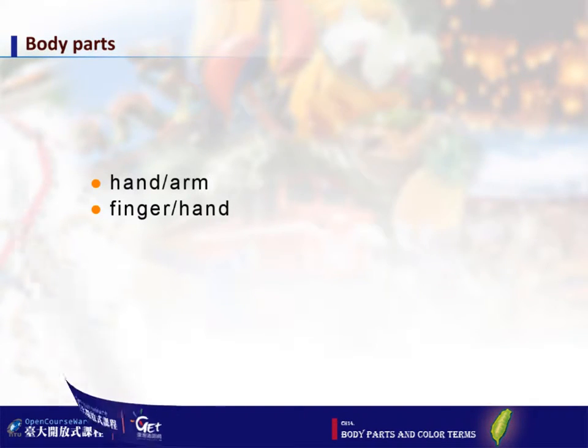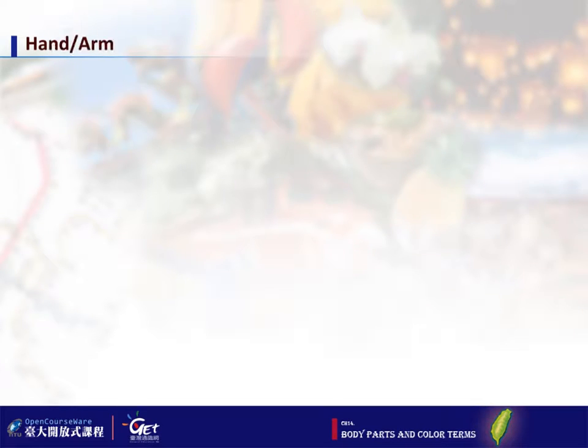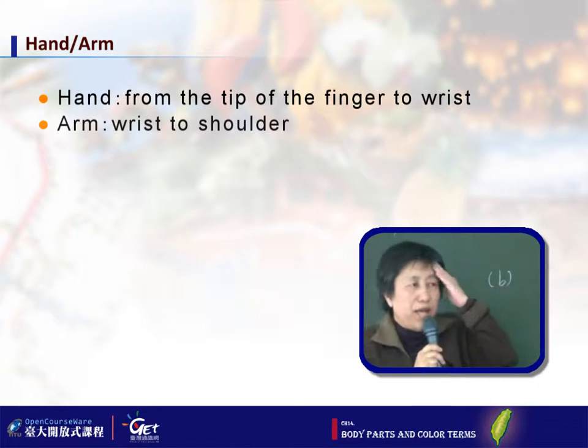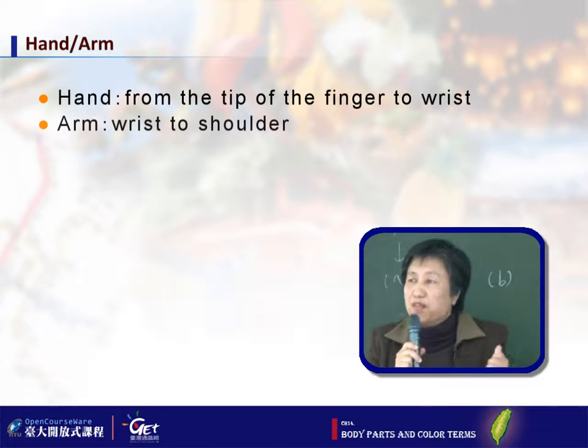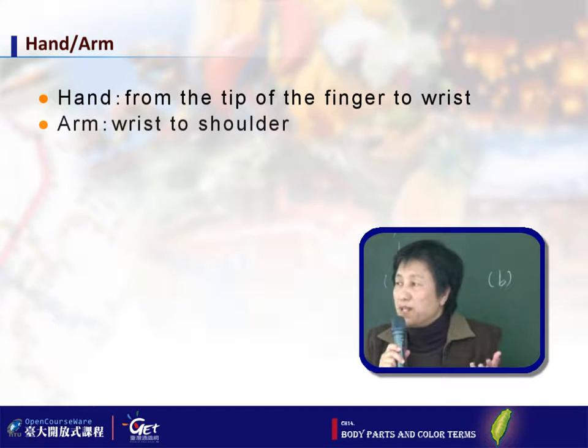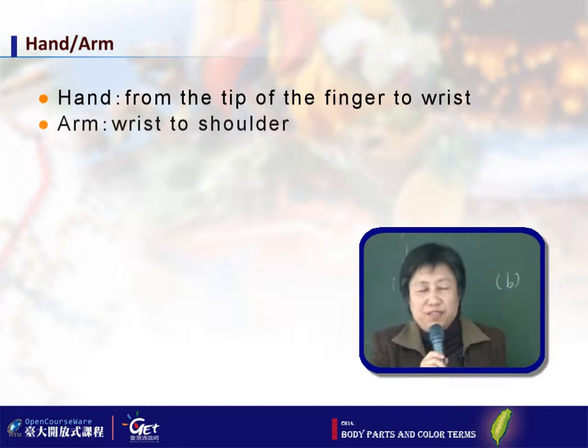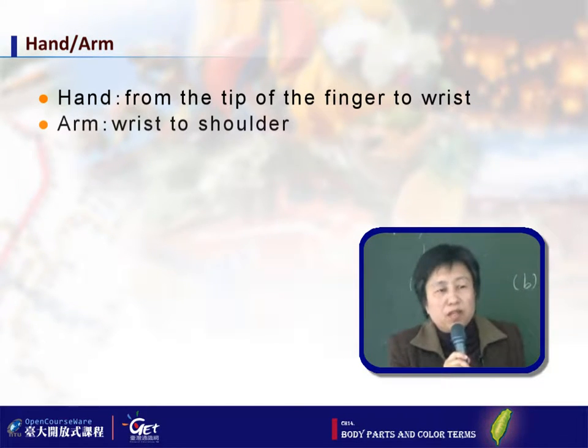So to define hand and arm, because you want to check whether that particular language has a particular vocabulary, you have to be very careful. You have to tell the informant what you are looking for.